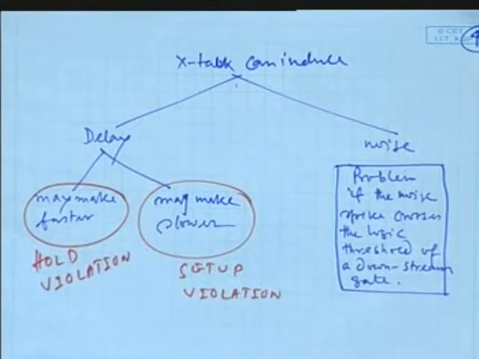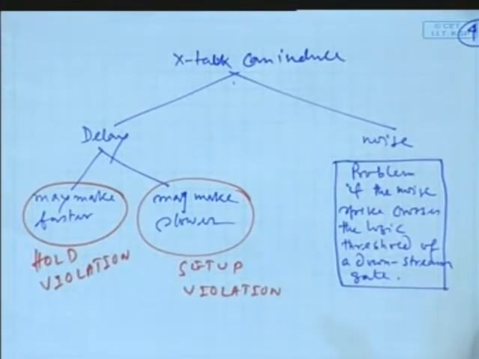Say the voltage bump is propagating, and it is going to a NAND gate or AND gate. If it crosses the threshold voltage, then only it can make a switching on or off of a MOS transistor, right? Otherwise it's not a problem.